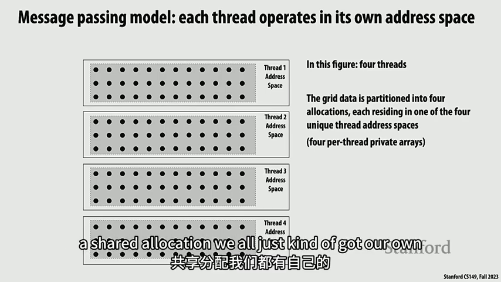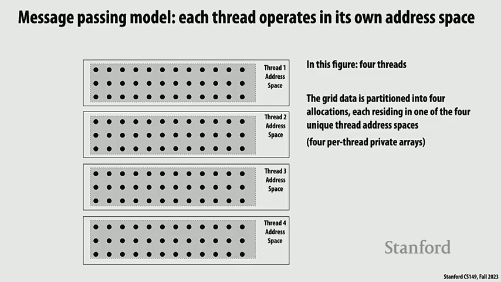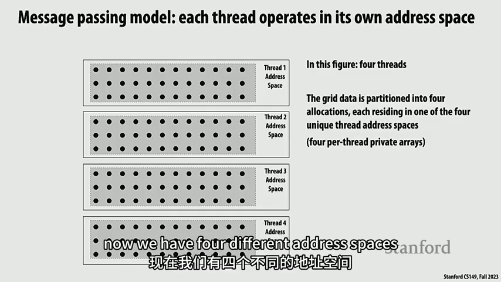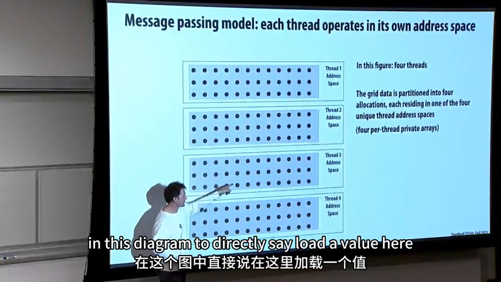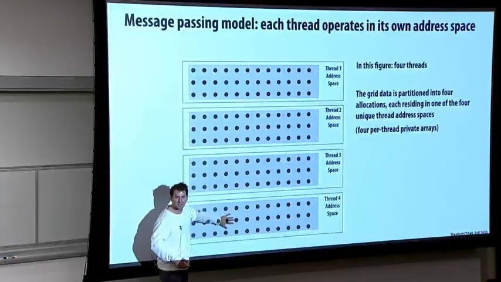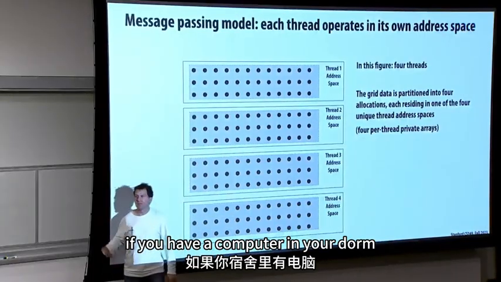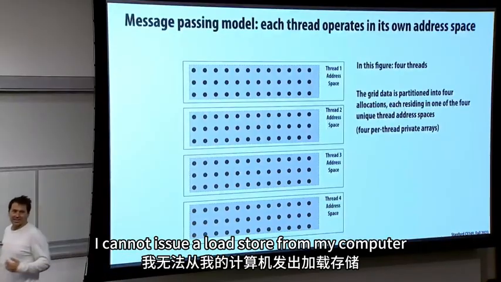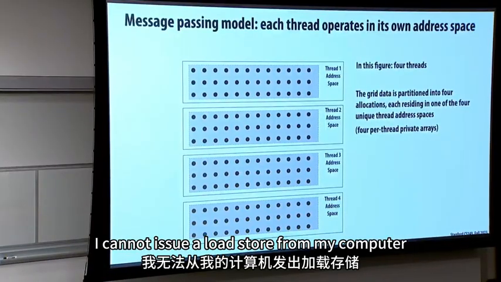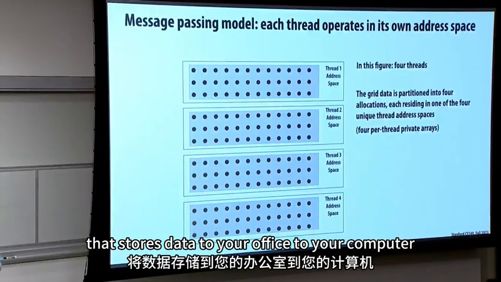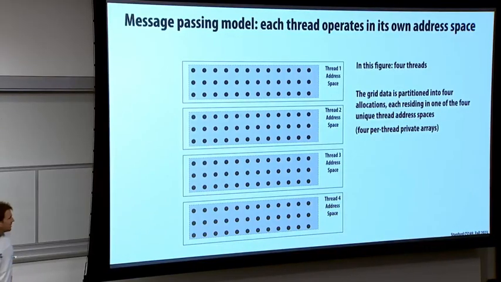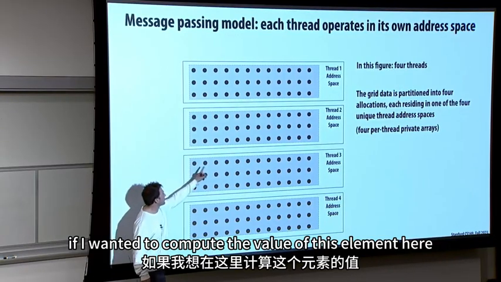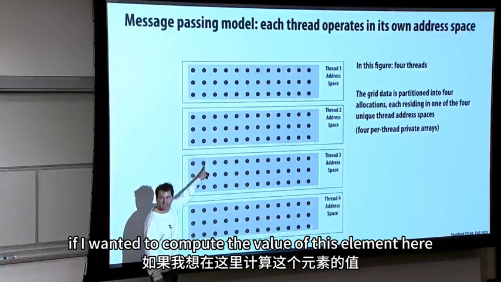Before, we had a shared allocation, and we each touched our own part of it. Now we have 4 different address spaces. There is no way for thread 3 in this diagram to directly load a value here. In the same way that if you have a computer in your dorm and I have a computer in my office, I cannot issue a load or store from my computer that stores data to your computer. Now, let's say I wanted to compute the value of this element here.